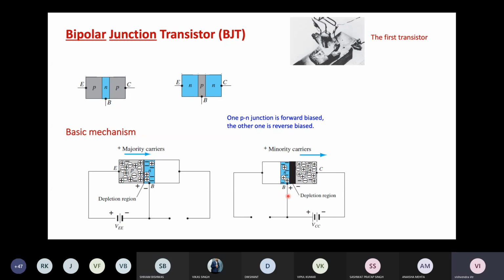Yes, this base terminal, you are saying that two types of current flow. Is that what you are saying? Yes, sir.